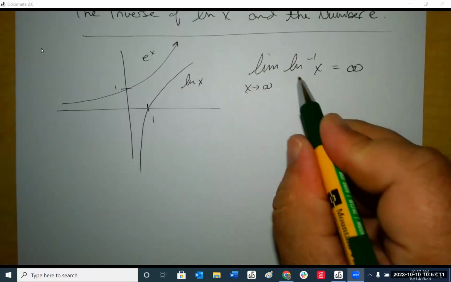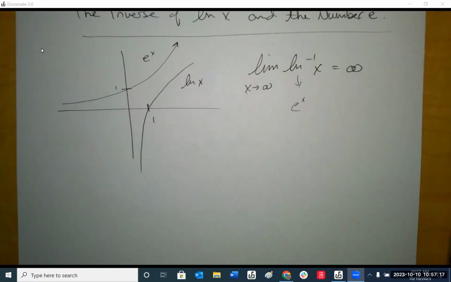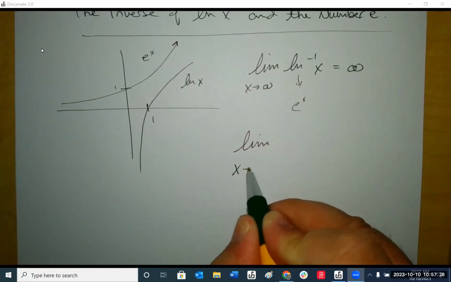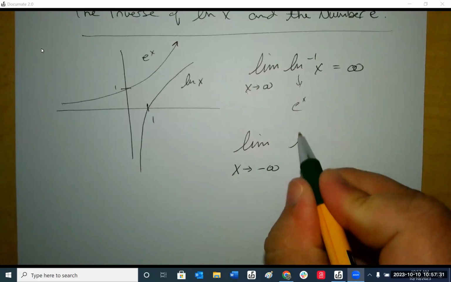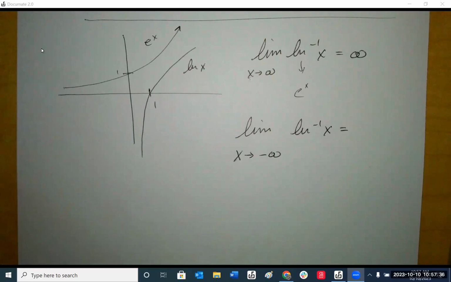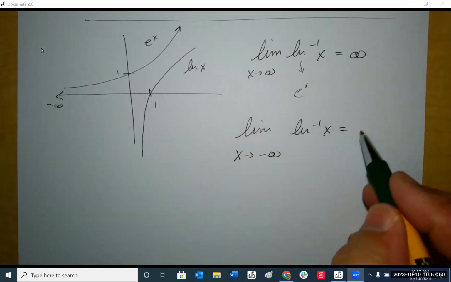Because yes, this is e, so e to the power x. What if we went the other direction, to negative infinity? Where's that one going to go? Yep. Because as we're going this way, if we're going to negative infinity, we're going to zero.